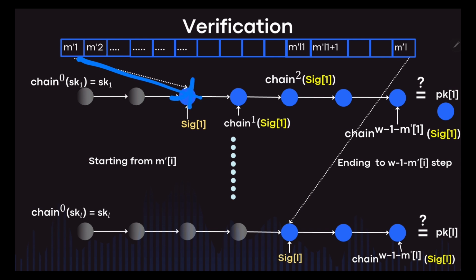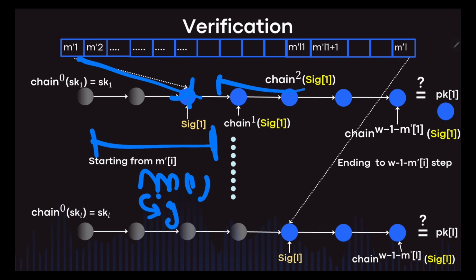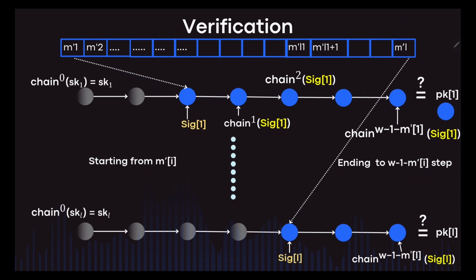If we consider this first bit, and this is the length of m1 that we have considered as sign of 1, then this length would be considered as w minus 1 minus m1. That will be w minus 1 minus sign of 1. This is the signature, but here we have considered this as length.